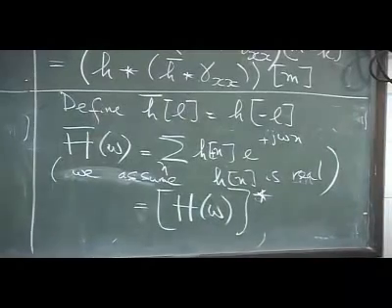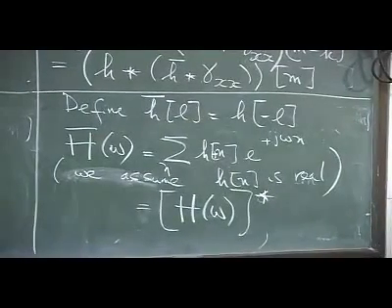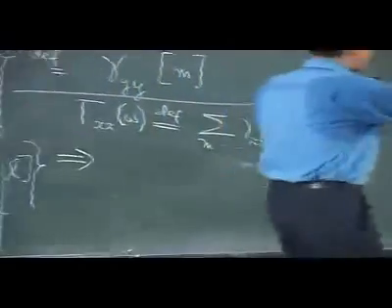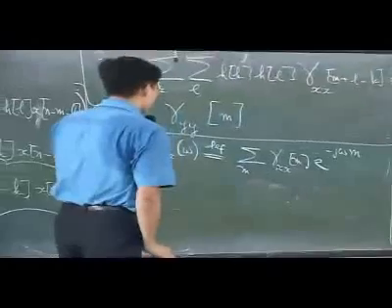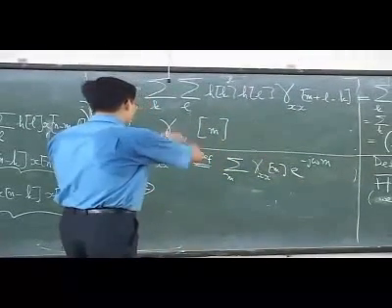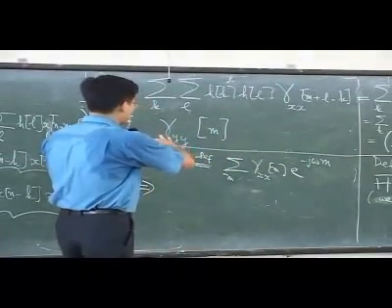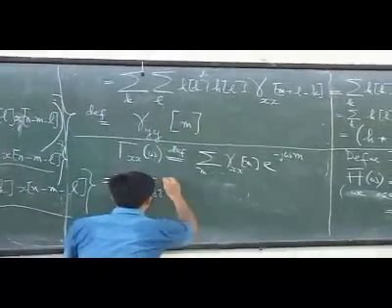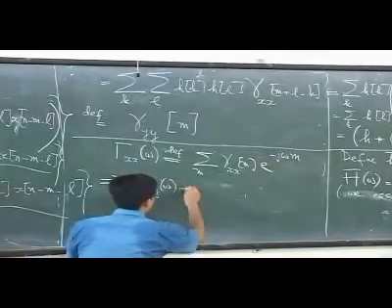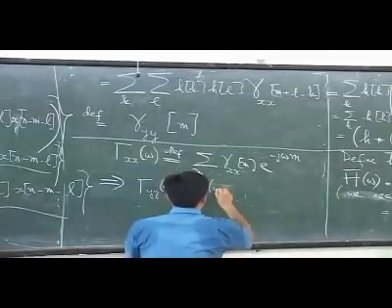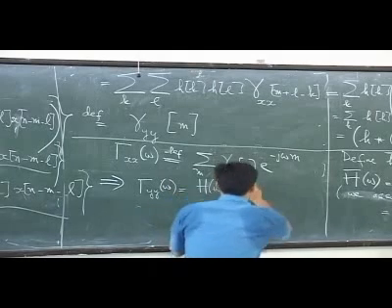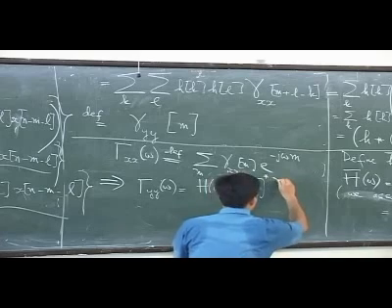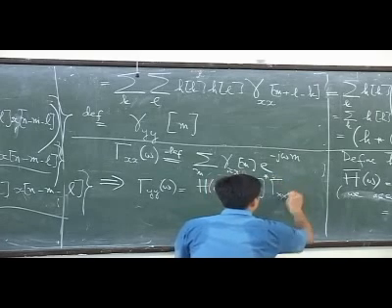So the convolution in the frequency domain is very simple, because now we just have a product. The gamma of y of omega is simply equal to h of omega times h of omega complex conjugate, times the gamma of x of omega.